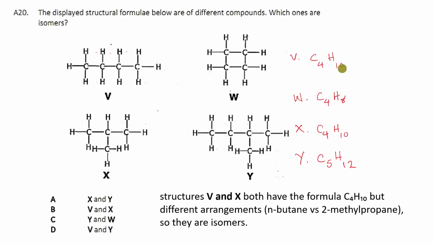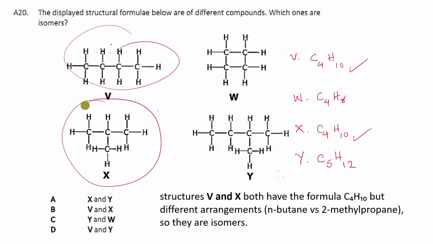So you see V and X have the same molecular formula, C4H10. But when you look at their structures, they are different. So these are isomers.